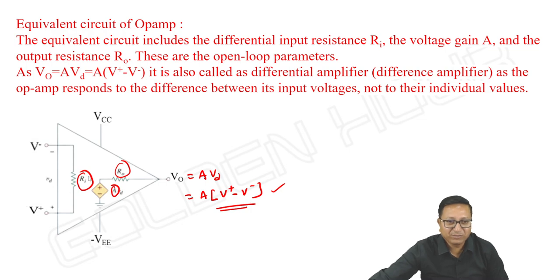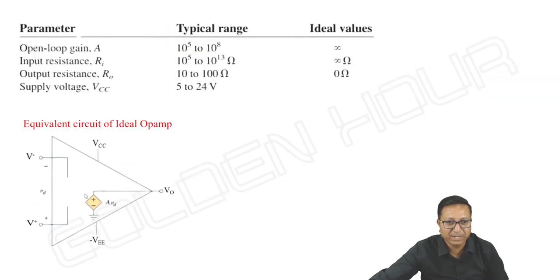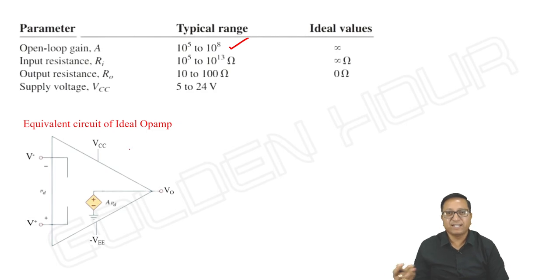And what about these values? Input resistance is in the order of mega ohms. See, the parameters of the op-amp, typical range: the open loop gain, as I mentioned, 10 power 5 to 10 power 8. For an ideal device, practically it is very large, ideal value I can write as infinite. And input resistance Ri is 10 power 5 to 10 power 13 ohms. You can imagine how large it is, extremely high.